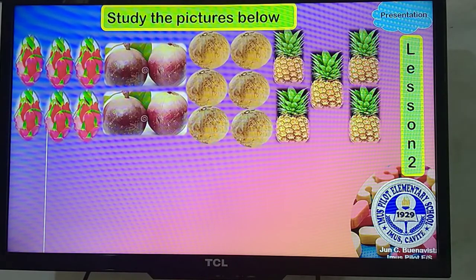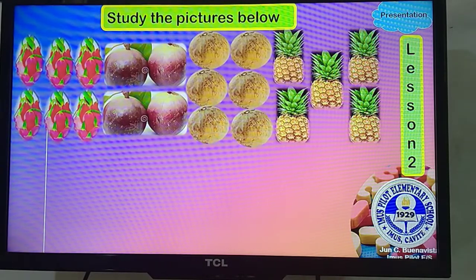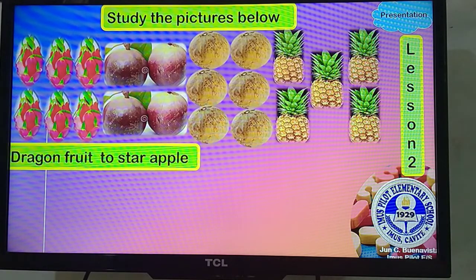Okay, now using those pictures, we can identify or show it using the ratio. What is ratio all about? Okay, but before that, we are going to answer the following questions. So this number 1.